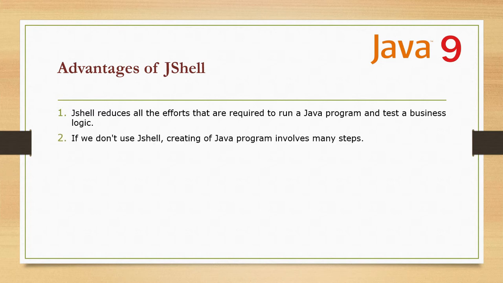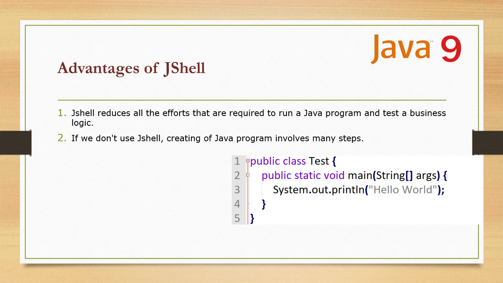The second key point: if we don't use JShell, creating a Java program involves many steps. Let's take an example. If you want to simply print a hello world message in Java, first of all you need to create a class. Within that class you require a main method, and within that you require a print statement.